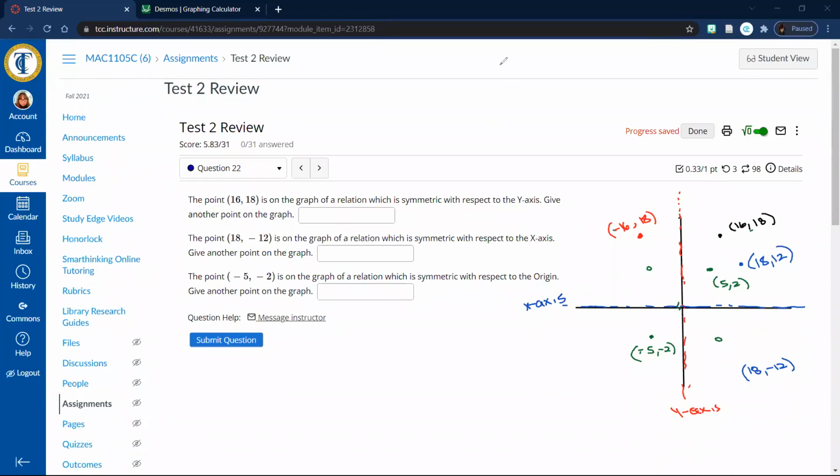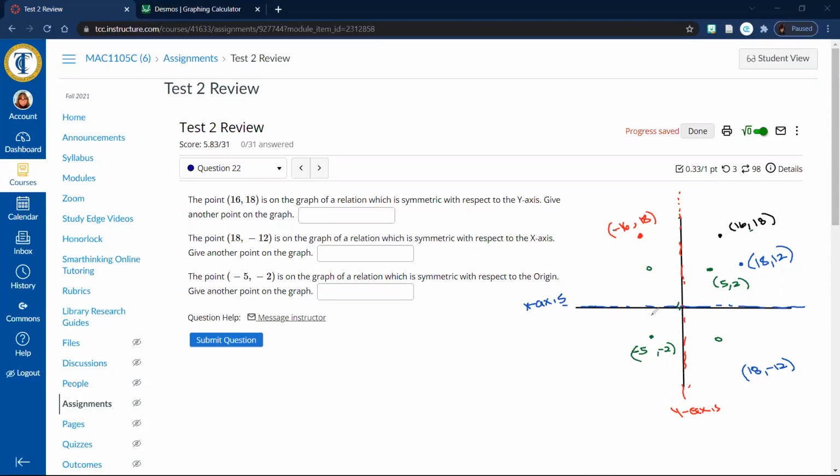I know this one's a little bit weird because it's different. Yes, I'm talking about the last part with the 5, 2. You confused me with that. So when something is symmetric about the origin, what they've done is reflect it across the x-axis and then reflect it across the y-axis.